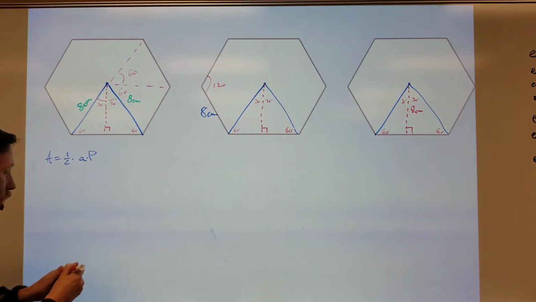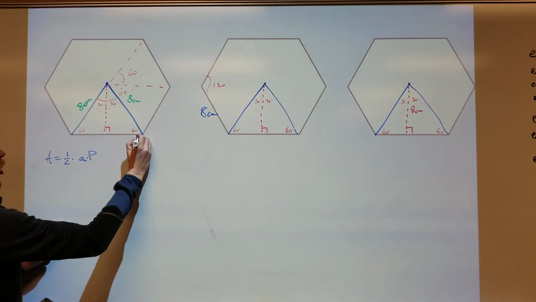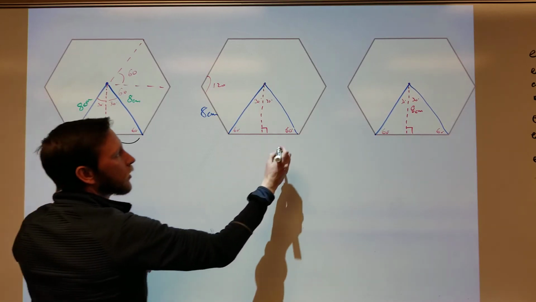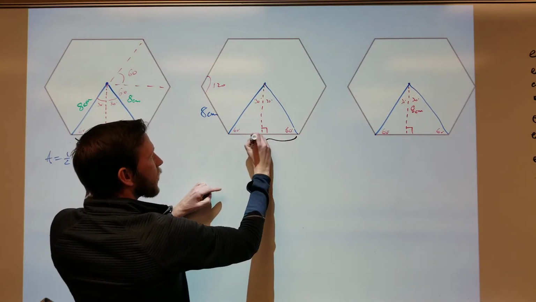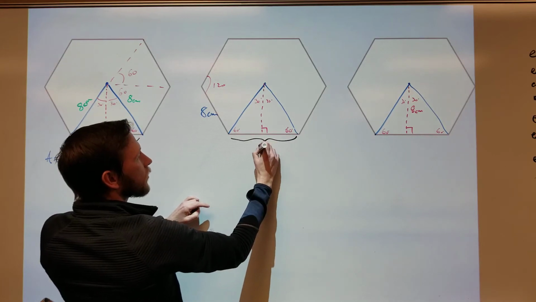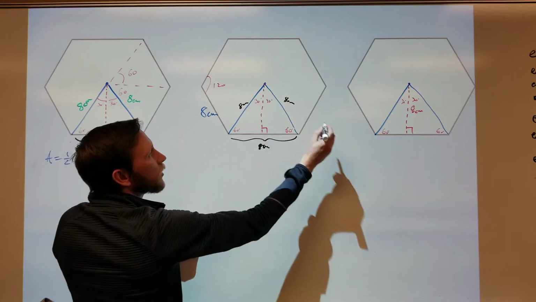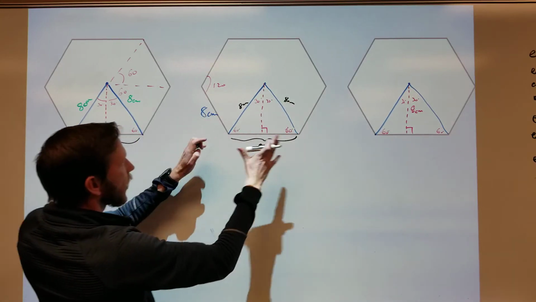So that means that this segment is also a total of 8 centimeters. If this side is 8 centimeters, that's given, then I know the radius is also 8 centimeters, and we can work from there.